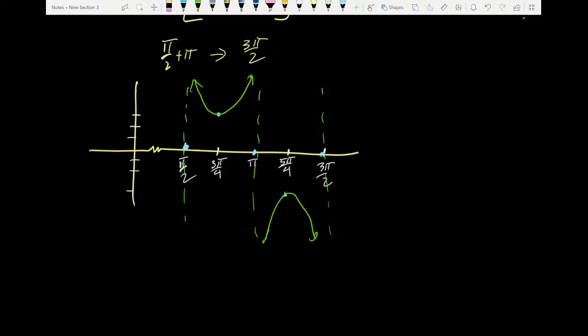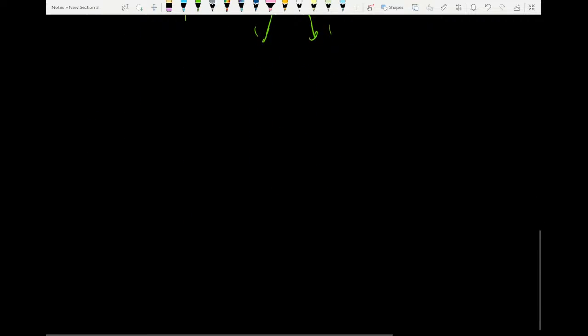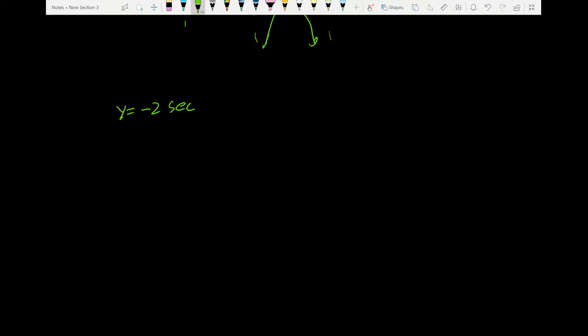Let me make the problem a little bit more interesting. What if we had y equal to negative 2 secant of 4x plus 3 pi?